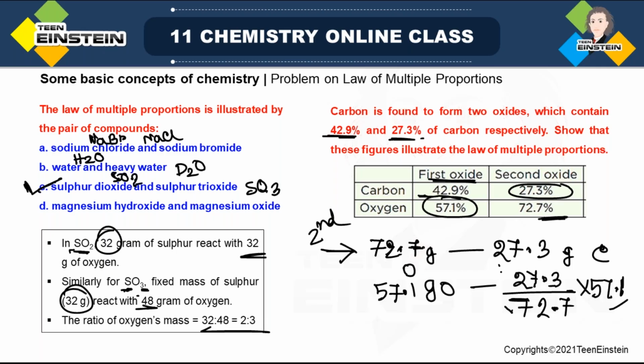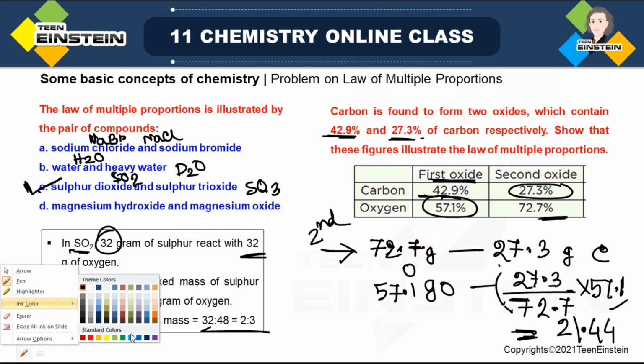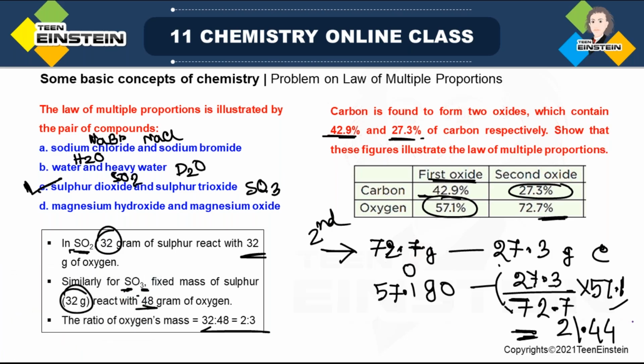If the mass of oxygen is 57.1, this value is 21.44. Now in the first oxide 57.1 gram oxygen is reacting with this value of carbon. In the second oxide, again 57.1 gram of oxygen is reacting with this amount of carbon.